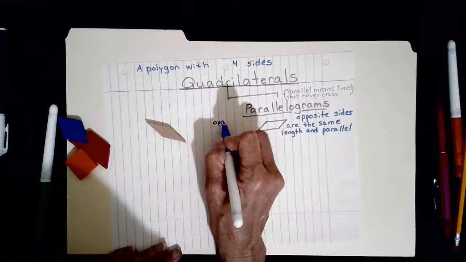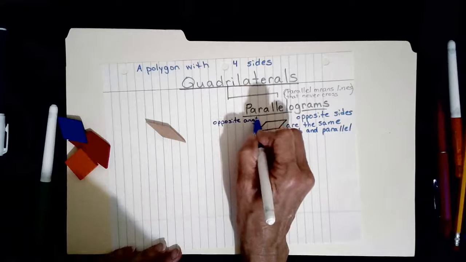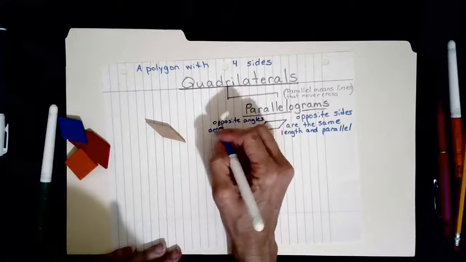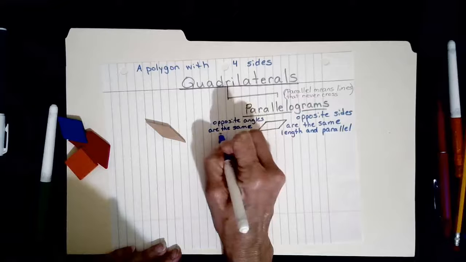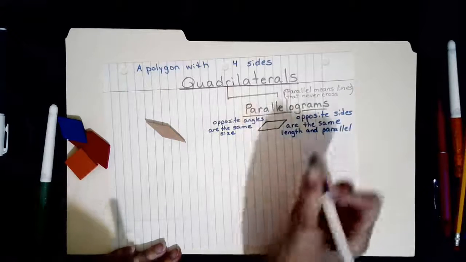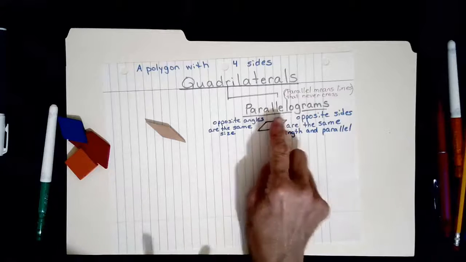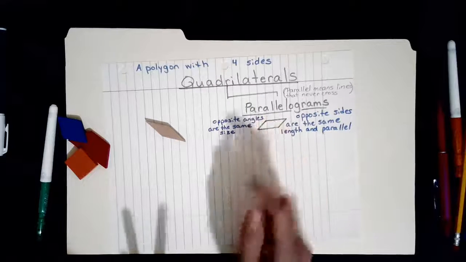Opposite angles are the same size. All right, so all of these shapes that are parallelograms, they're all quadrilaterals, but they also have opposite angles that are the same size.